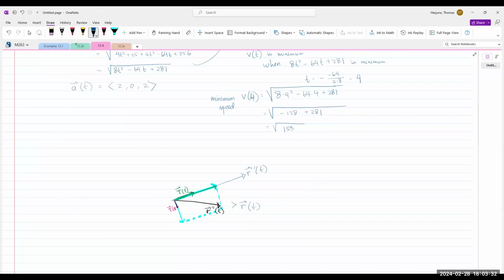So next we will talk about the tangential and normal components of acceleration.